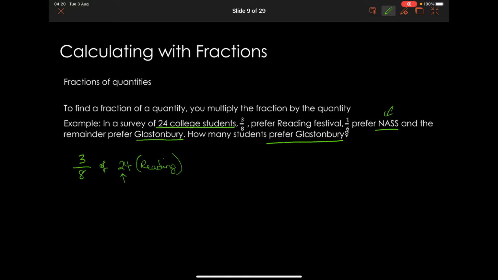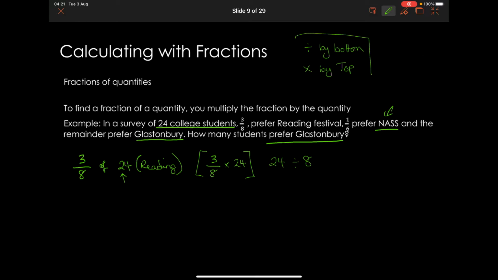So 3/8 of 24, you can think it's 3/8 times 24, but what does that really mean? It means we're going to do 24 and divide by the bottom number. I'm going to write this up here: divide by the bottom, this is the rule when you're working out fractions of amounts, and then times by the top.